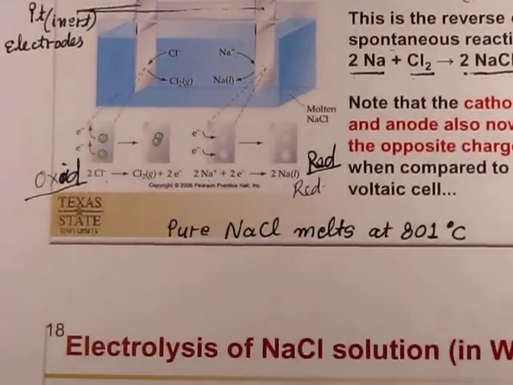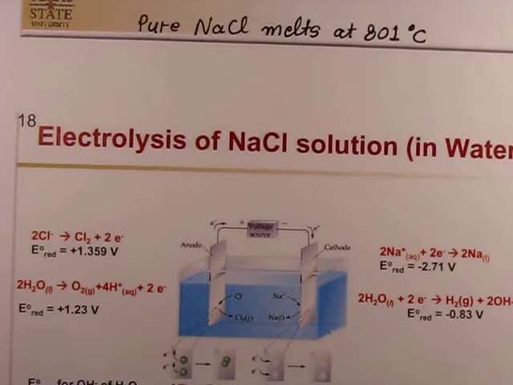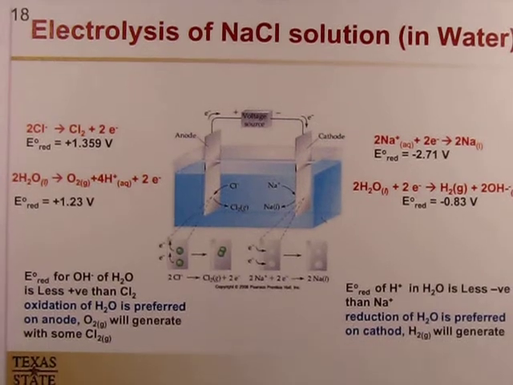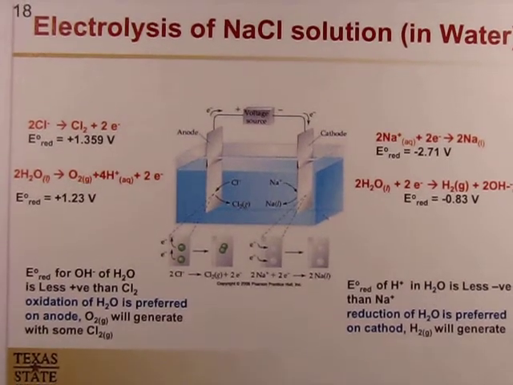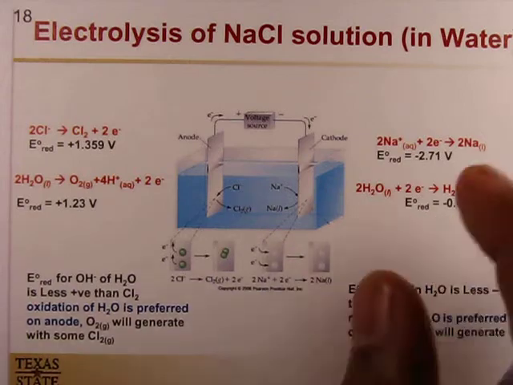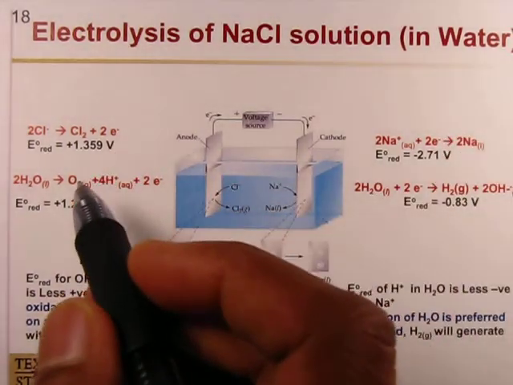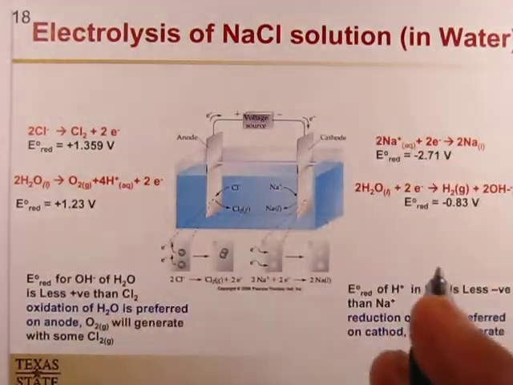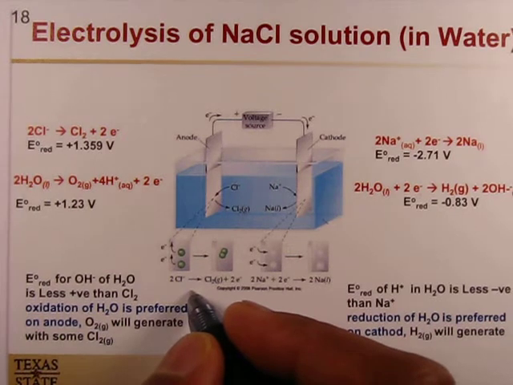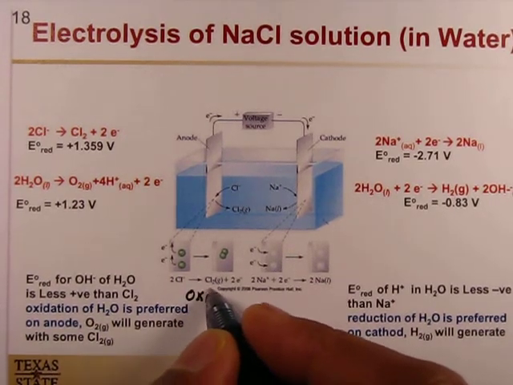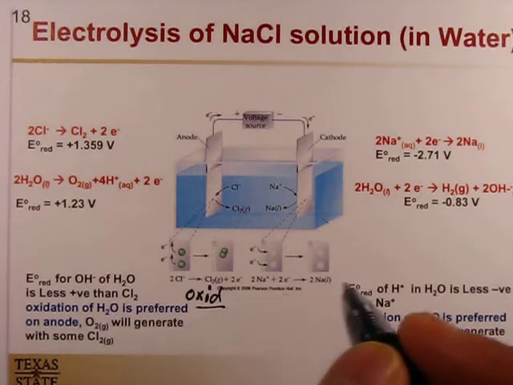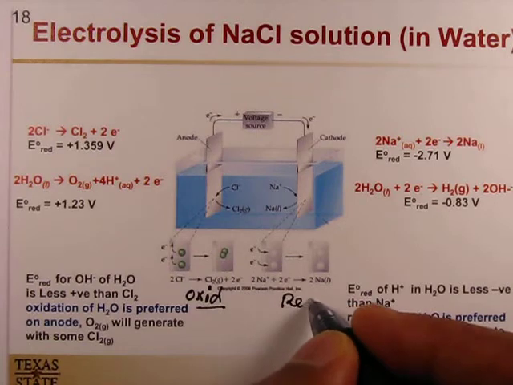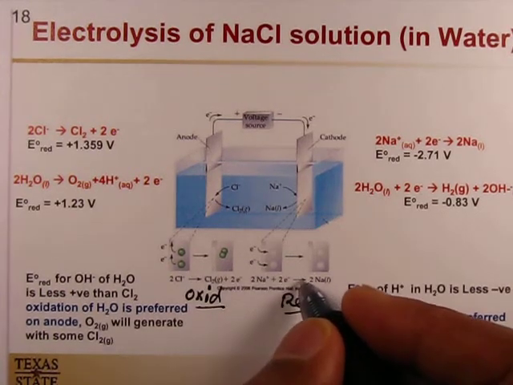Now let's talk about what will happen if we dissolve sodium chloride in water. Can we generate the same reaction products or not? To understand that, we have to figure out the reduction potential for each half reaction. At the anode, I need to oxidize chloride ion, and at the cathode we need to reduce sodium ion.